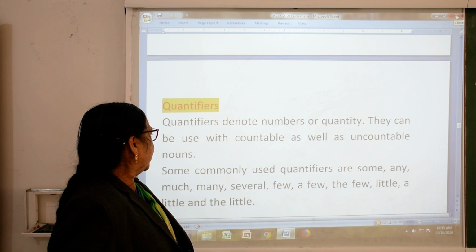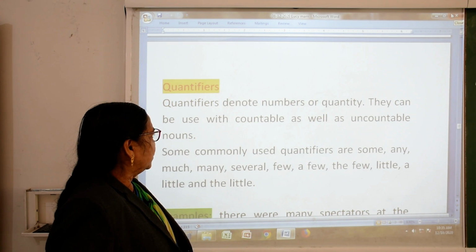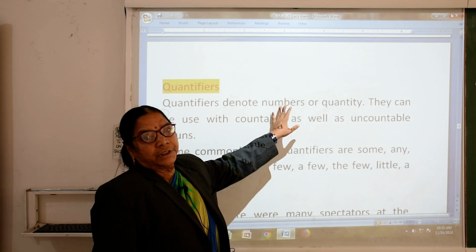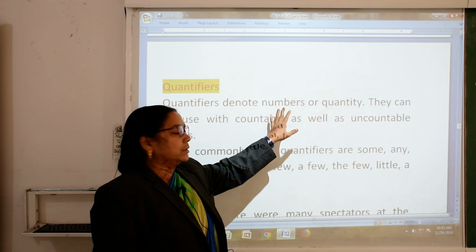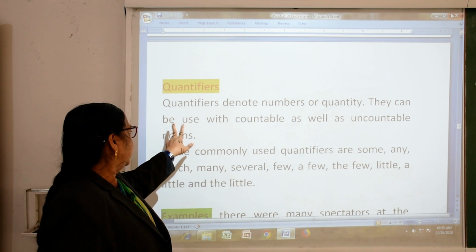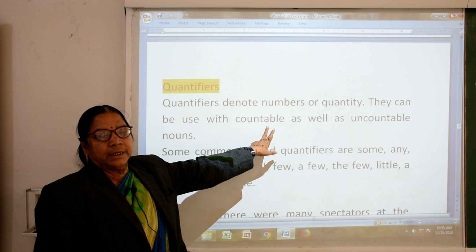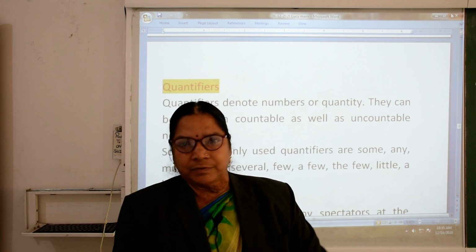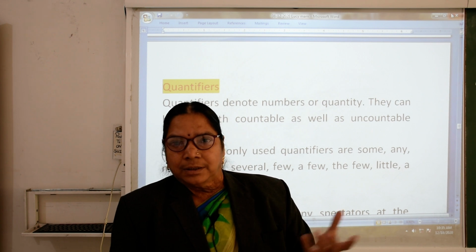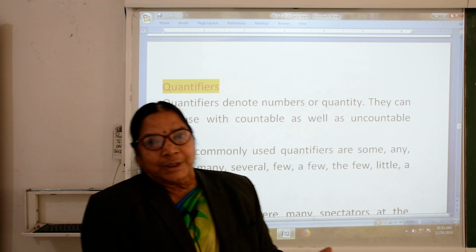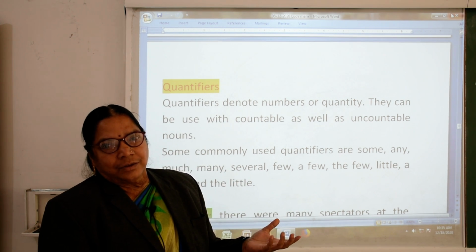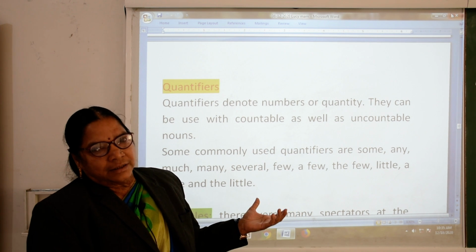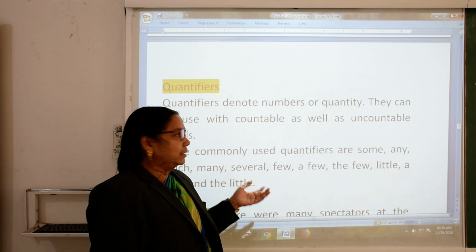Now, quantifiers. Quantifier denotes a number or quantity. They can be used with countable as well as uncountable nouns. Countable, you know, countable 1, 2, 3. Uncountable, what is uncountable? Milk, no? Milk, oil, these are uncountable.